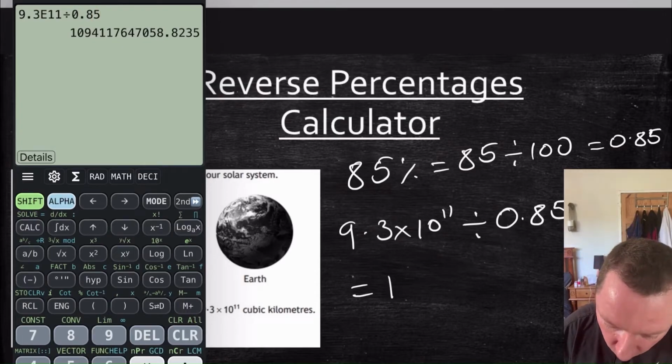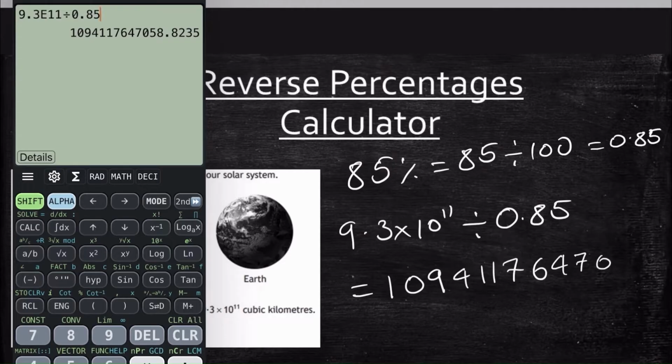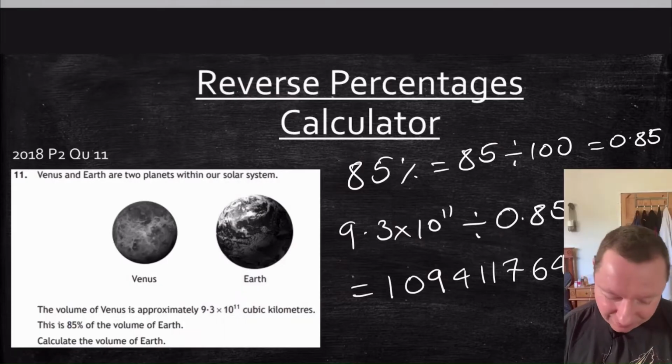So we've got 109,411,764,705.82 cubic kilometres. Now, it doesn't ask us to round it or anything like that, but it's not a very reasonable number.